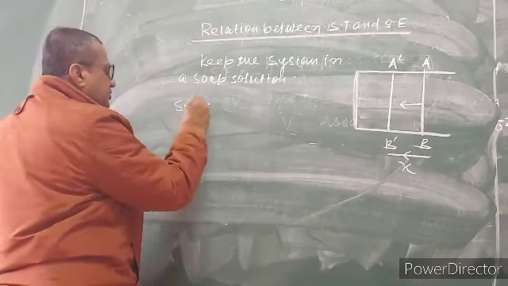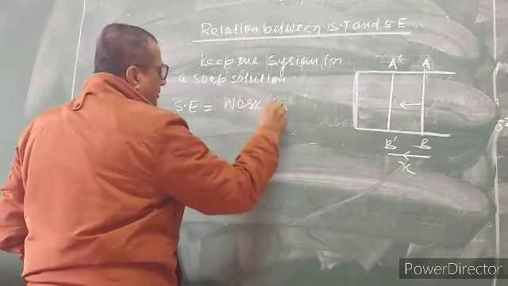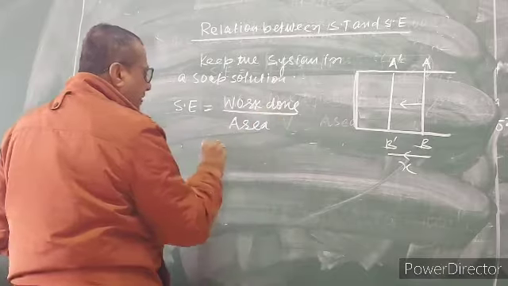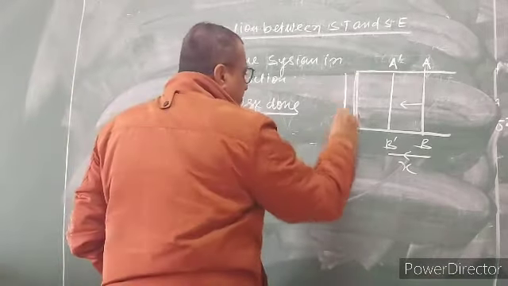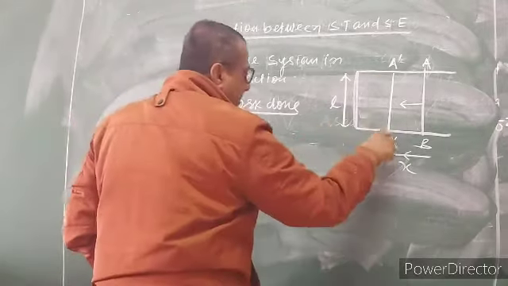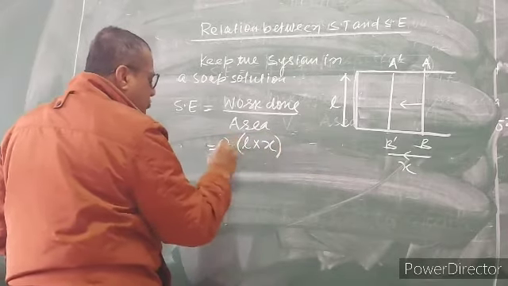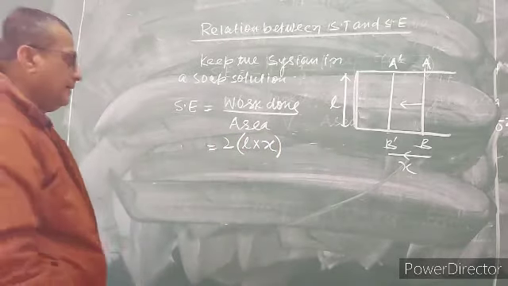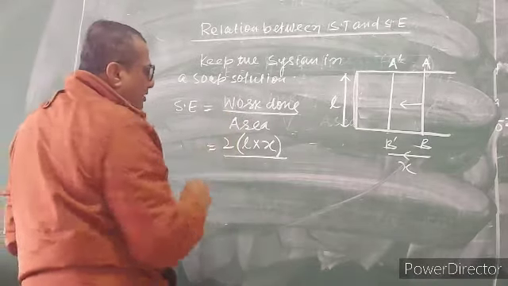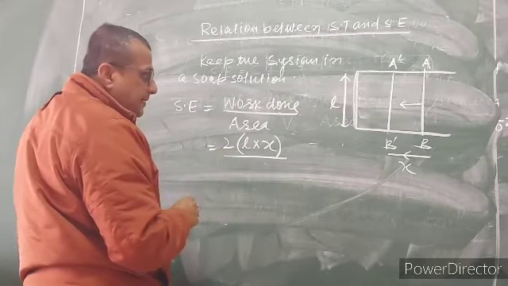So surface energy is equal to work done divided by area. This length is L and this is X. The area is L into X, but it has a double layer, so multiplied by 2. Work done is equal to force into displacement.